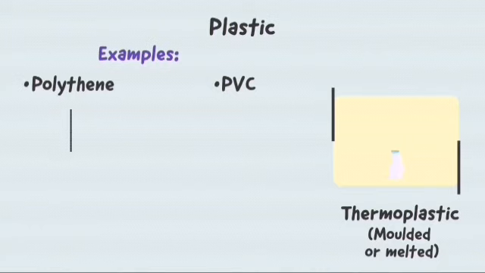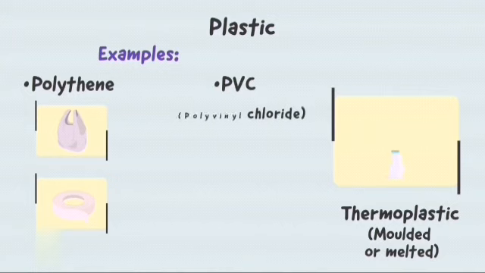And then what is PVC? PVC stands for polyvinyl chloride. PVC comes in two distinct forms. The first one is hard or rigid PVC.